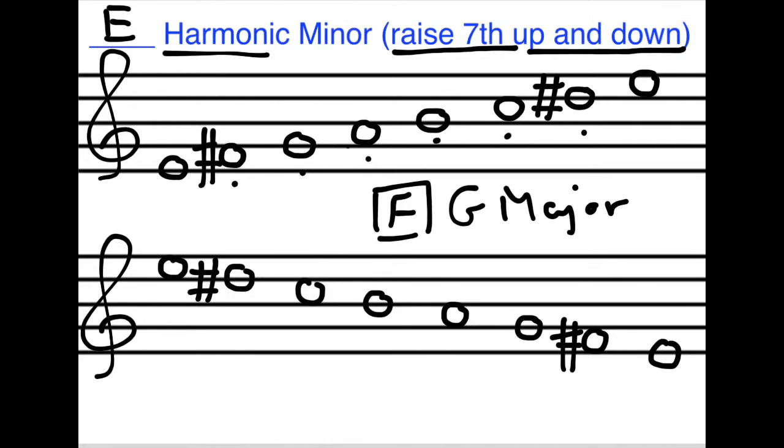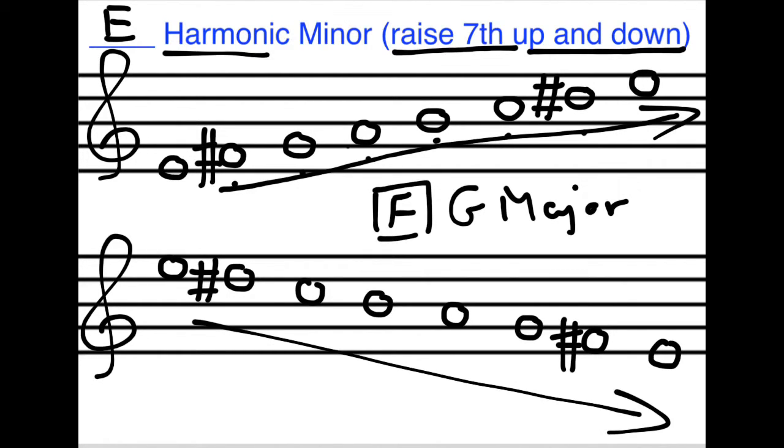So that is the scale of E harmonic minor ascending and also descending. The 7th note must be raised going up and going down, and remember to include the accidentals that are part of its key signature. So there are 2 things to do.